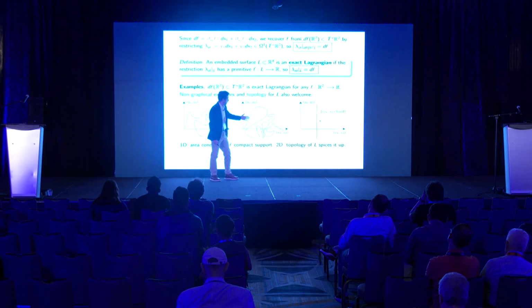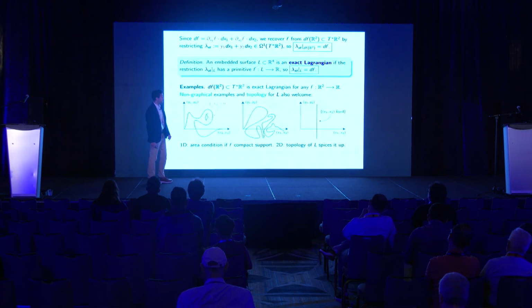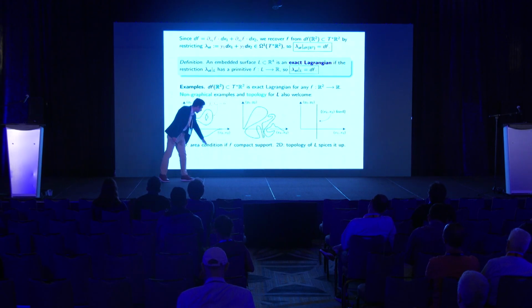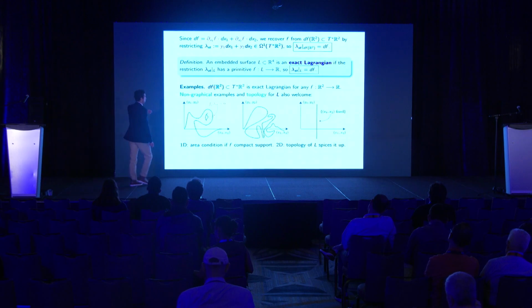So you get an area condition: the top area should be the same as the bottom area. So exact Lagrangians in 1D look like curves that have the same top area and bottom area. That's what I wrote here, the area condition in 1D, if you have some boundary condition. And otherwise, the topology of L, if it has genus, spices it up with additional integral equations of this form. All right?